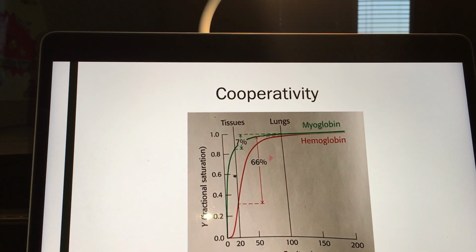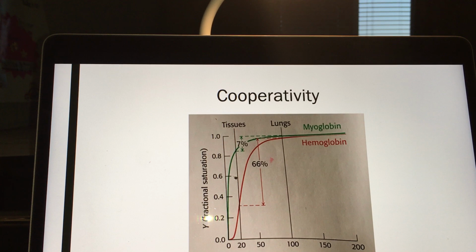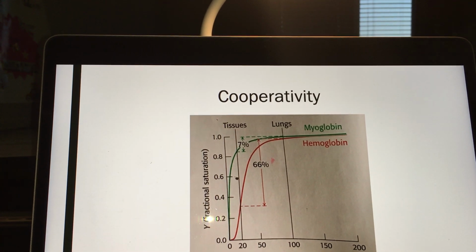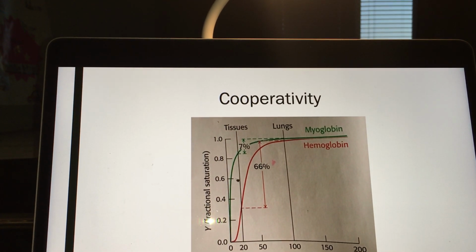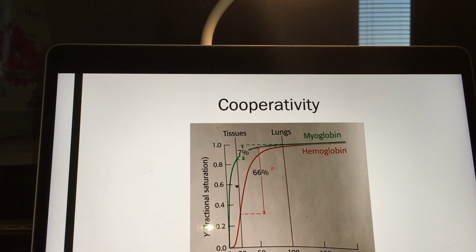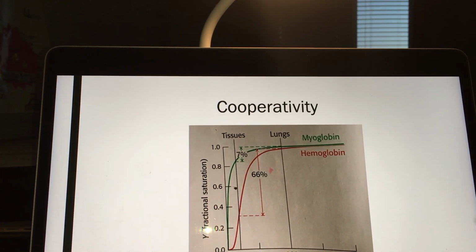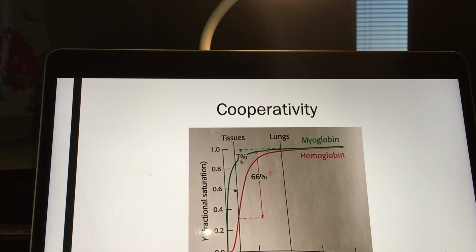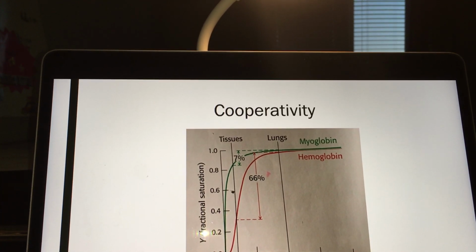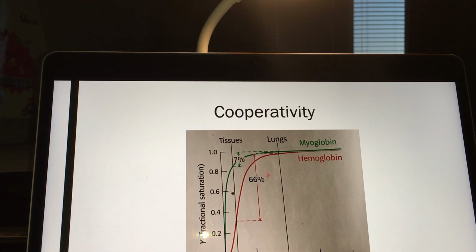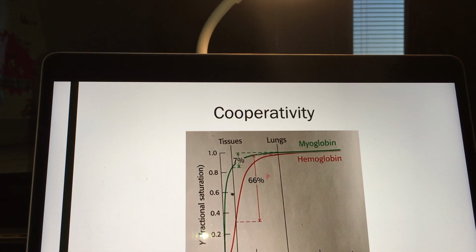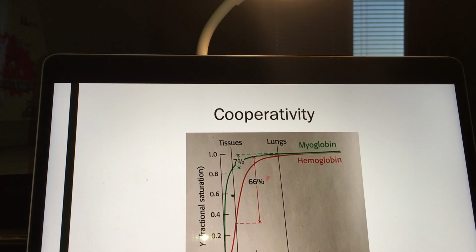This behavior begins in the lungs, where hemoglobin becomes approximately 98% saturated with oxygen. We see a graph of cooperativity, and this is a very important process during the oxygen binding to the hemoglobin.